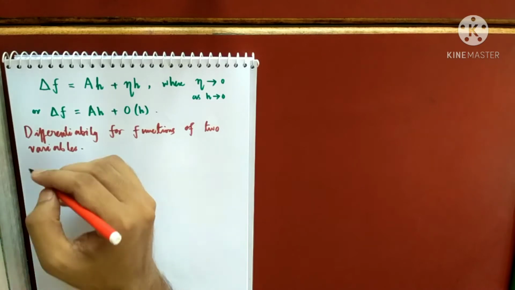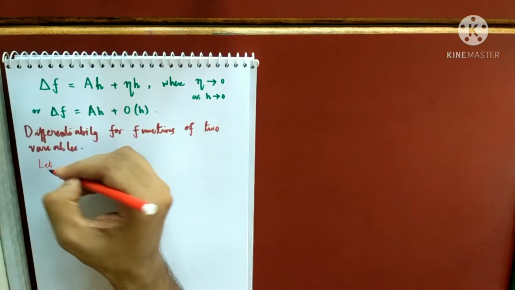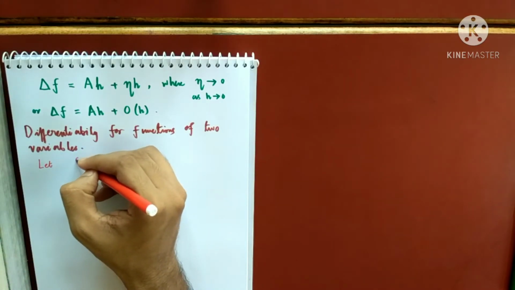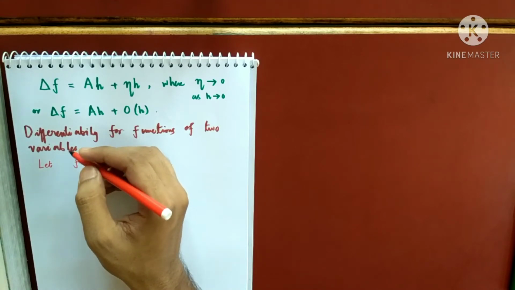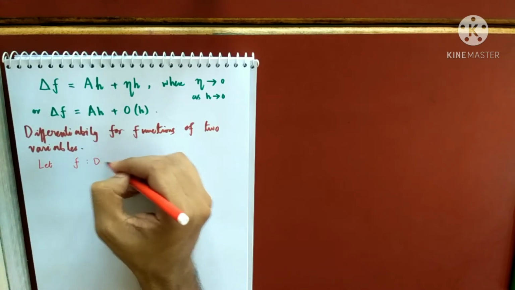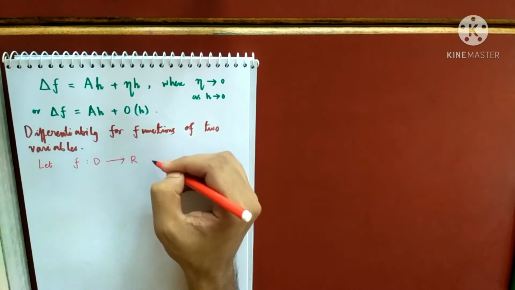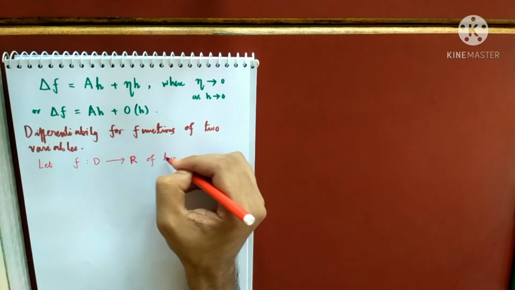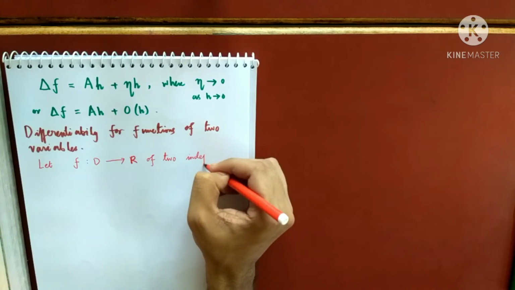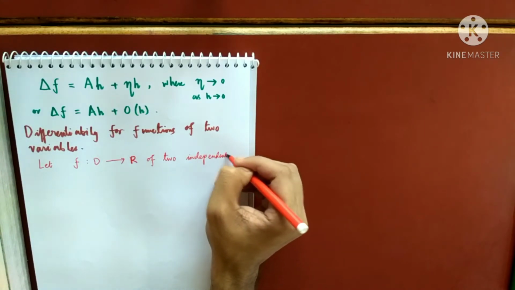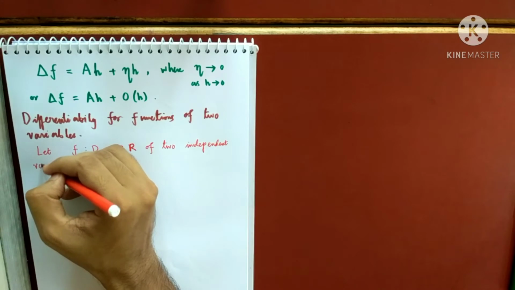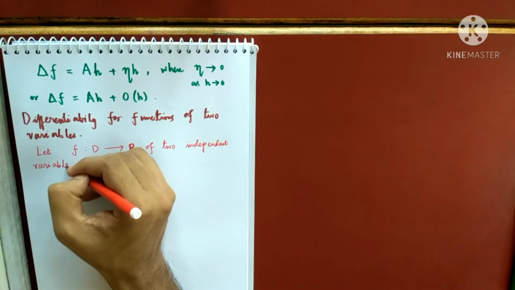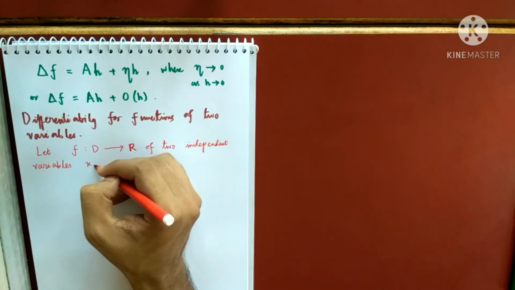It's very simple, again the same logic. Suppose I have some function f from D to R of two independent variables x comma y.